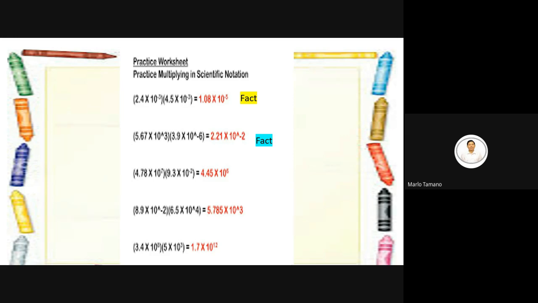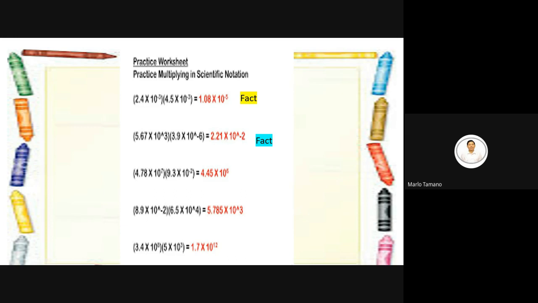Katulad niyan, the product is 44.454. Okay, so ni-round off ulit. Then we have 10 to the 7 plus 10 to the second power. And that is 5. Move the decimal point one place to the left.